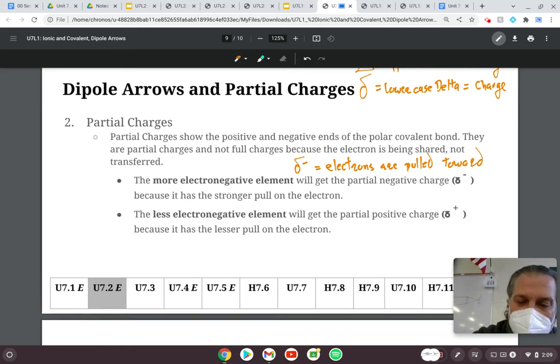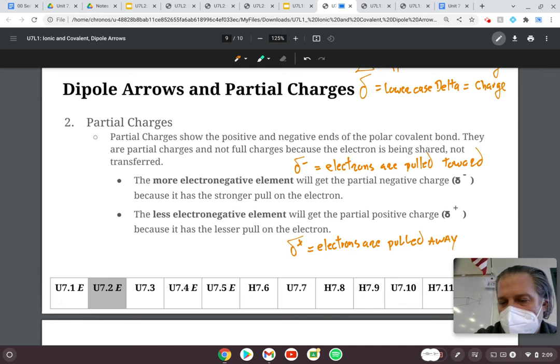The less electronegative element will have a delta plus charge, and that would mean that the electrons are pulled away from that atom. So we have a couple of examples to talk about with that.